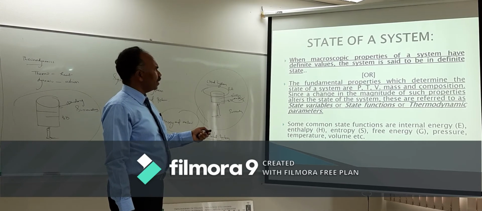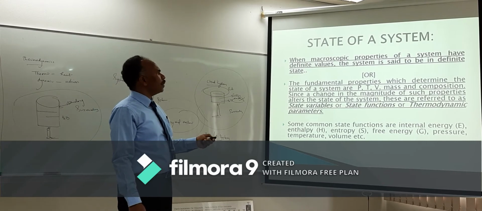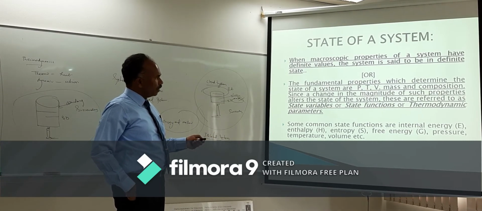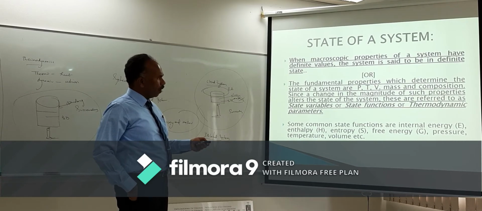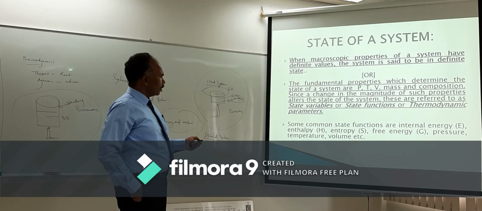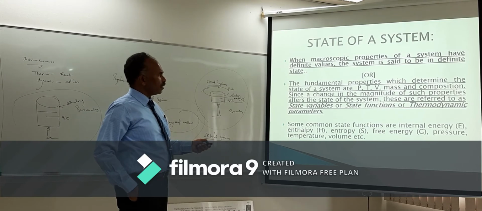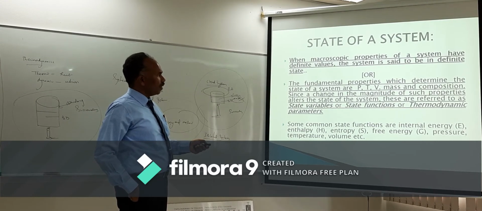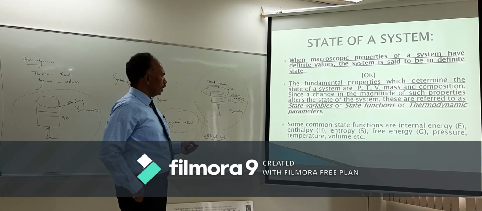So we can define this in another way. The fundamental properties which determine the state of a system are pressure, temperature, volume, mass and composition. Since a change in the magnitude of such properties alters the state of the system, these are referred to as state variables, state functions or thermodynamic parameters.